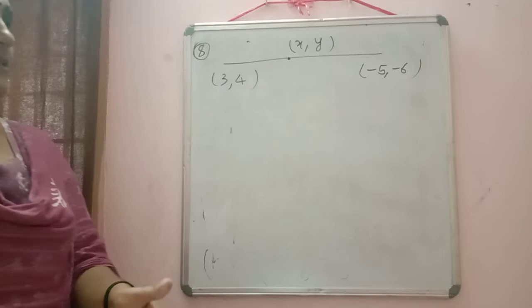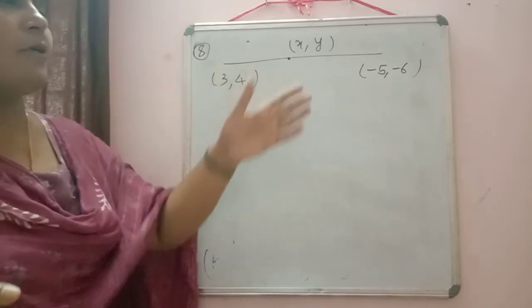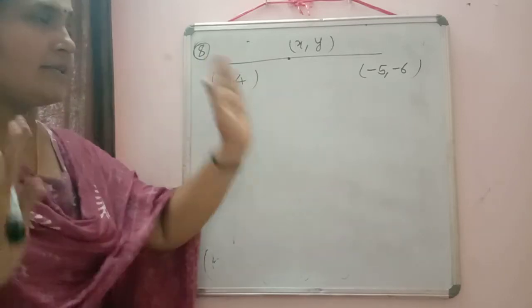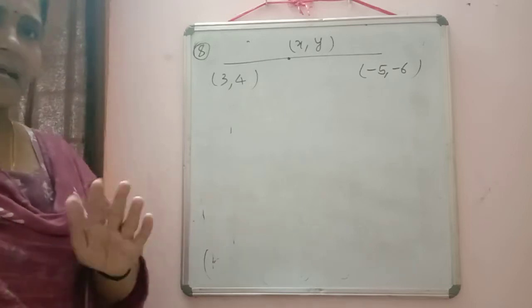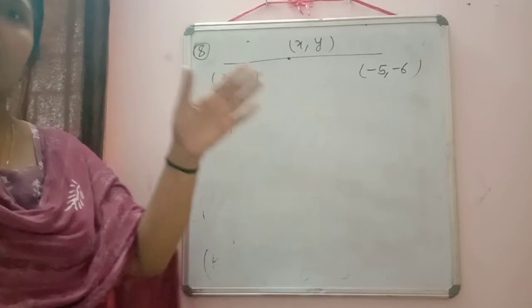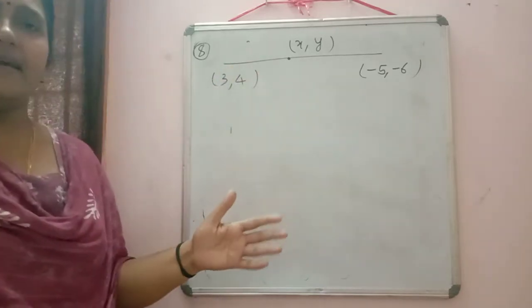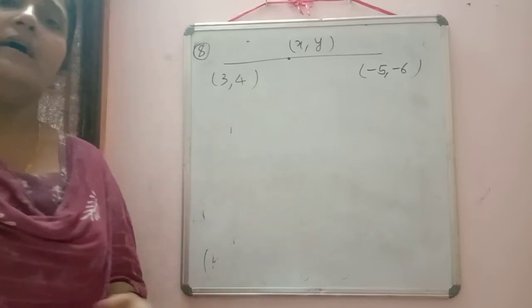Yes, in the earlier question they already gave it in this way, find x and y if the points are collinear. Here they are not saying that the points are collinear, they just changed the statement. The point x comma y may lie on the line joining these 2 points. So again which type of points are they? Collinear. So if they are collinear, area of triangle will be equal to 0.